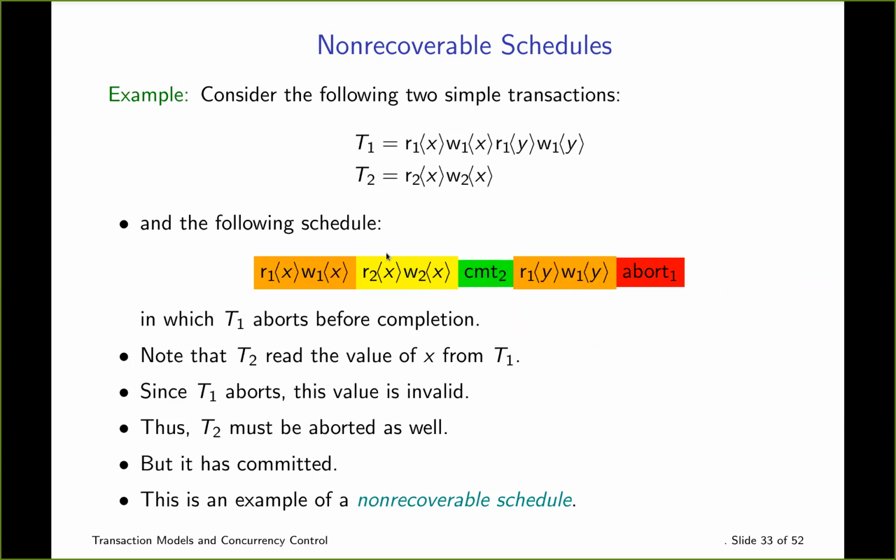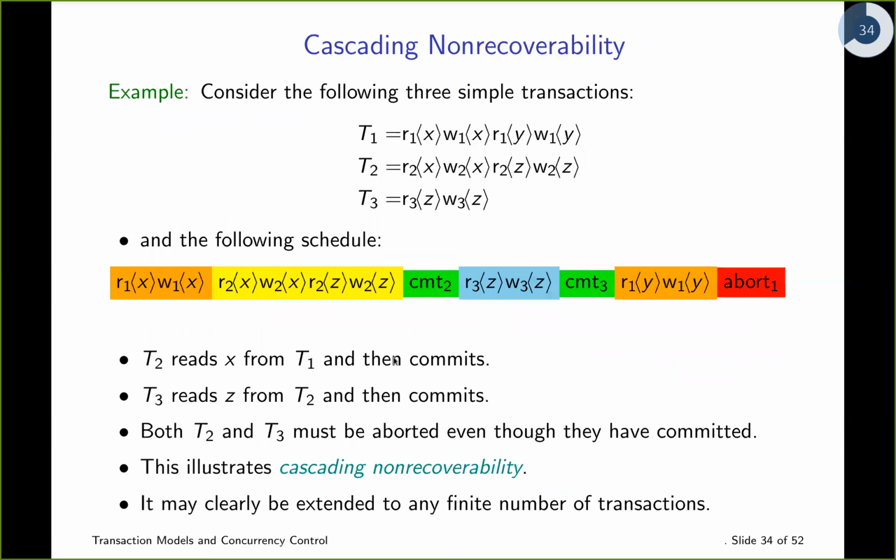So transaction 2 read dirtiness. I did a dirty write and the other transaction did a dirty read, but either way it's dirty. That's bad, and it can cascade arbitrarily, as this example shows. So we've got to prevent that.